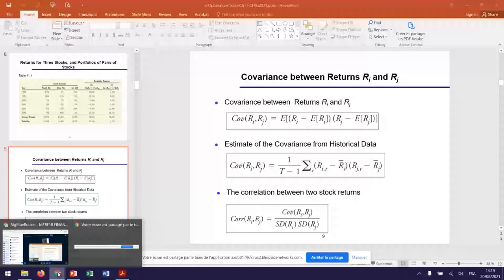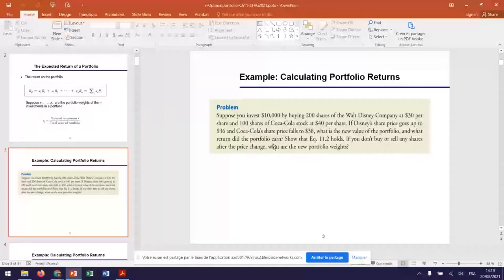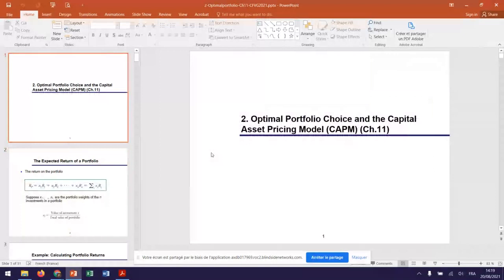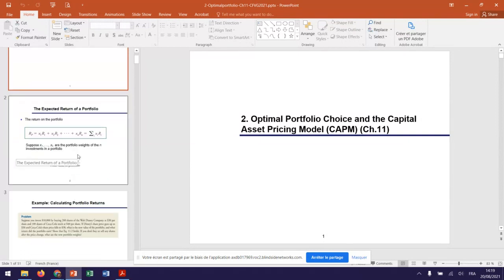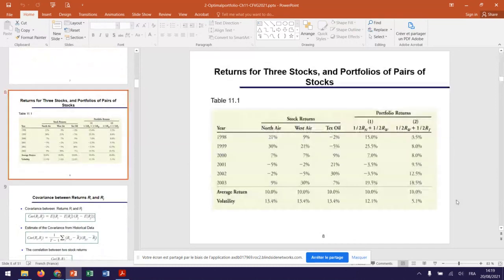Yes. Okay. So yesterday we learned how we form a portfolio and how we calculate the portfolio expected returns or portfolio realized return, as well as the risk of a portfolio. When you combine risky assets in your portfolio, some of the risk can be diversified away. Like the case we did with Northwest and West Air, you can see that 13.4% volatility can be brought down to 12.1%.